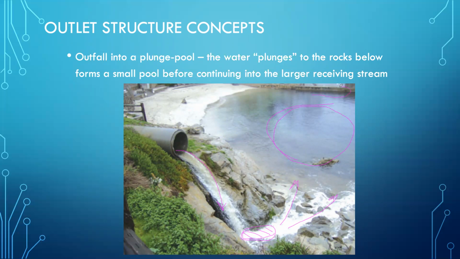I think it probably goes this way around this object. So the energy that was in this water is dissipated on these relatively stable rocks, and any solids that were conveyed or washed away in the rocks are captured in this pool before it goes on into the larger receiving stream.